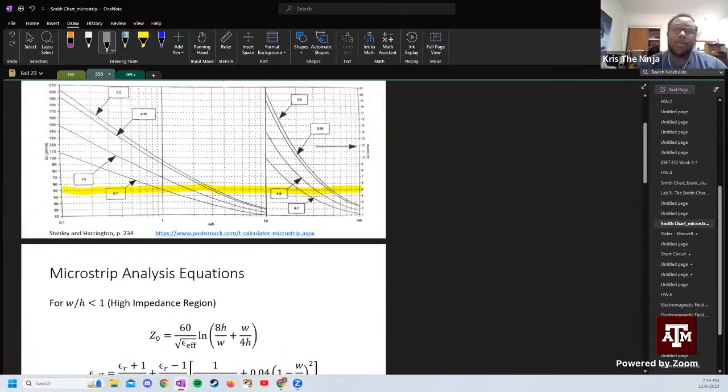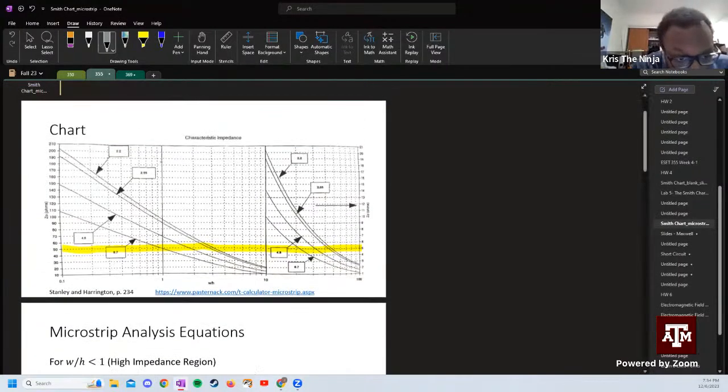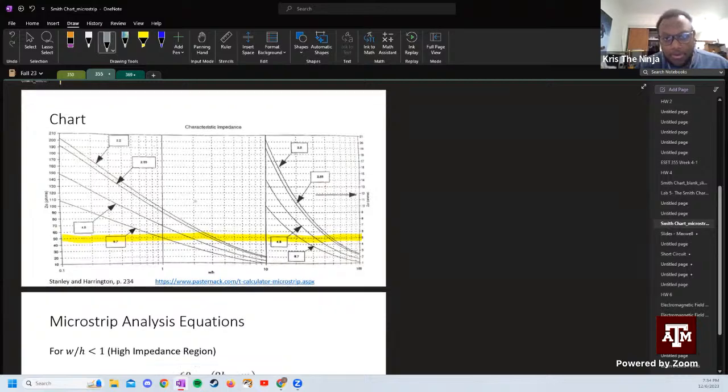So if you're able to find a chart like this, let's put that link in the chat. I'm going to go put that link in the chat real quick. But do your thing, Alex. I trust you to explain it well.